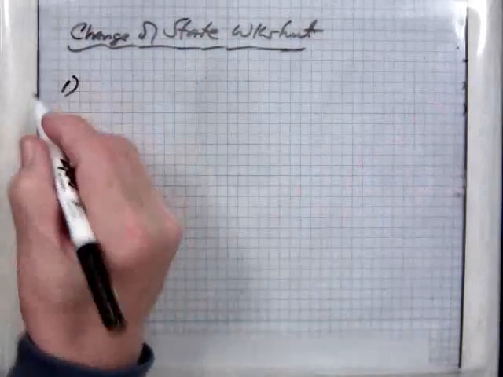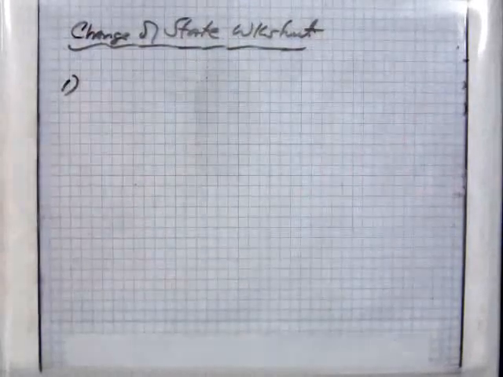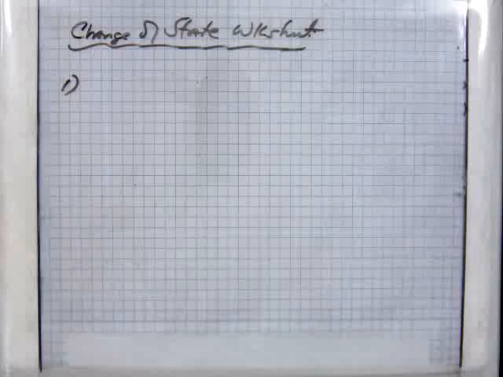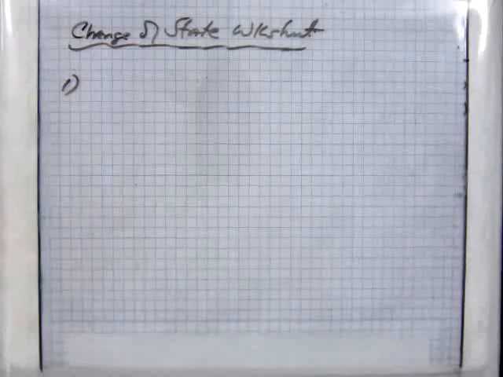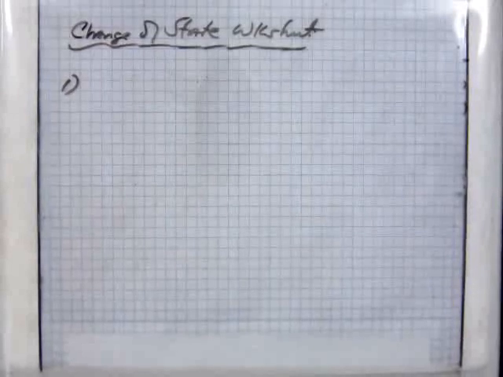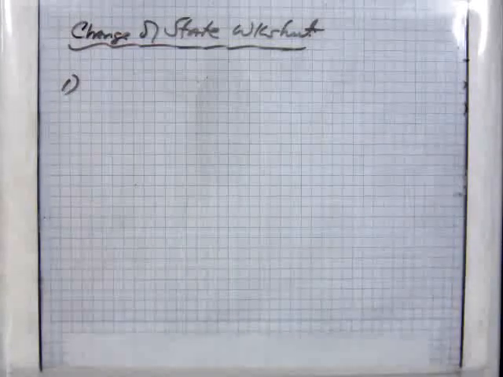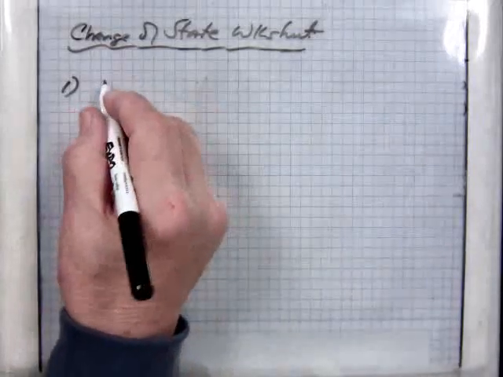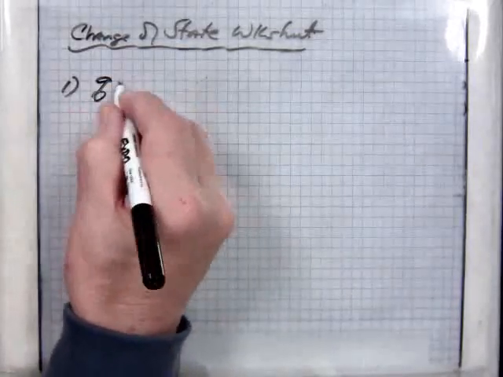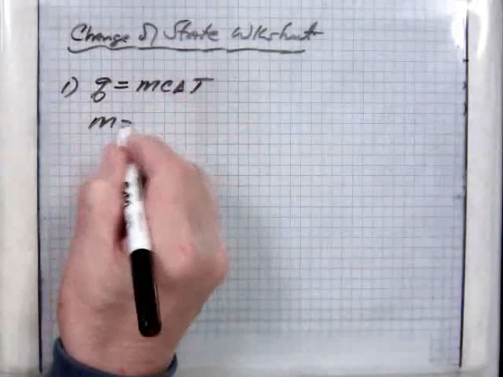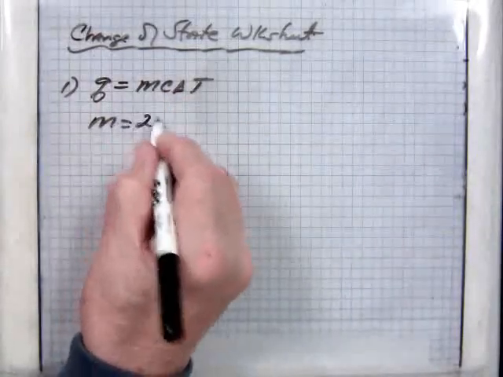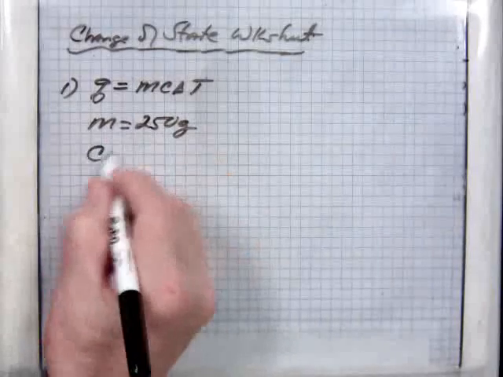Okay, number one, it asks for joules, but I answer in kilojoules, just divide by 1,000. How many joules are required to heat 250 grams of liquid water from 0 to 100 degrees? We said that's a temperature change problem, so I'm going to use Q equals MC delta T, where M is 250 grams, given. C will be given.